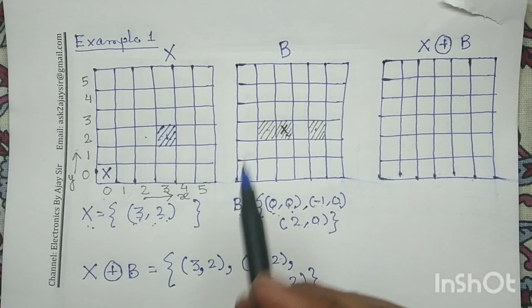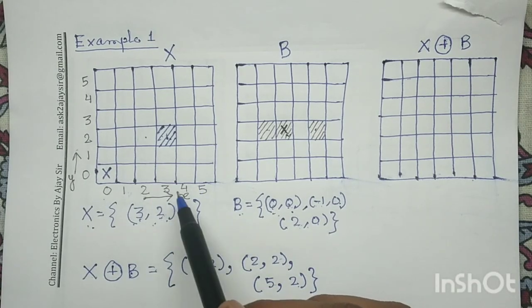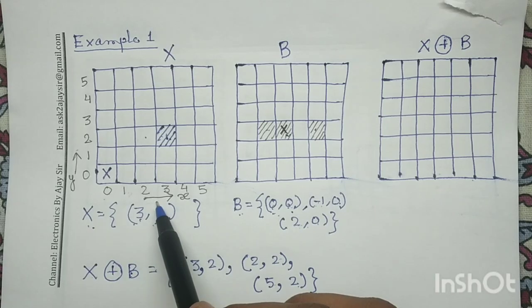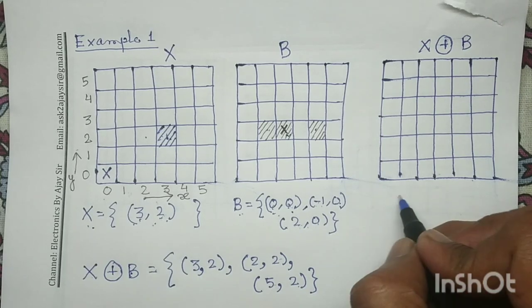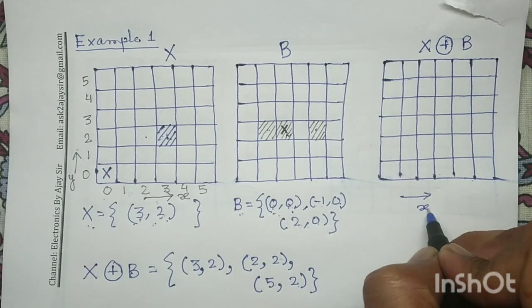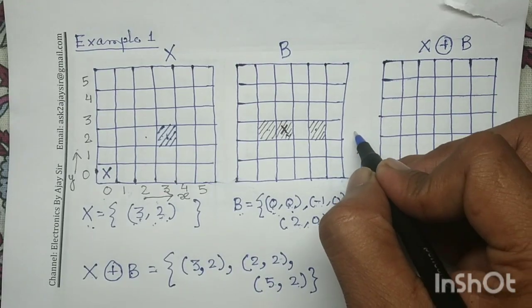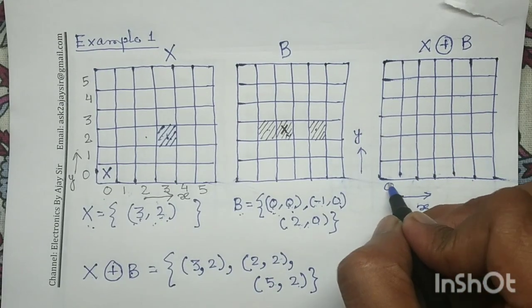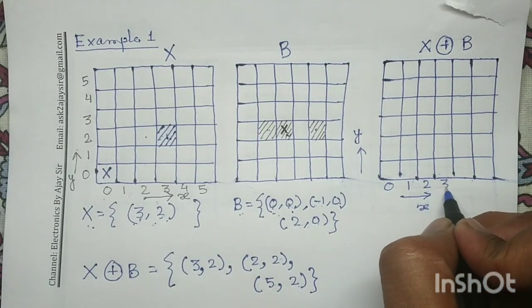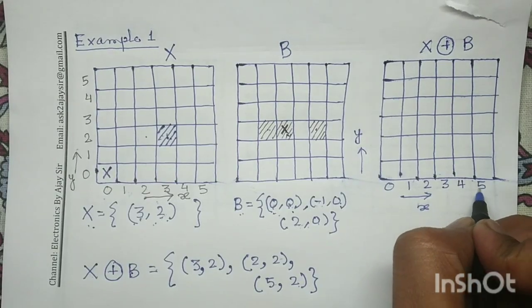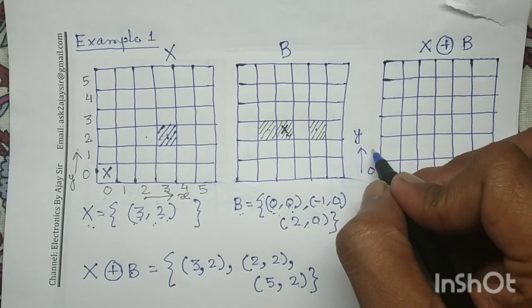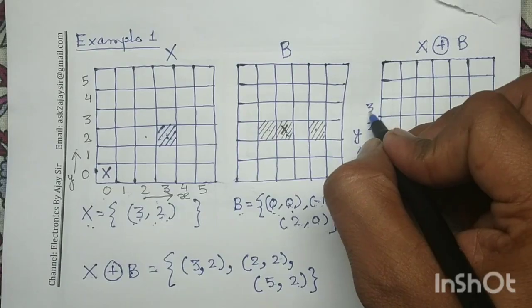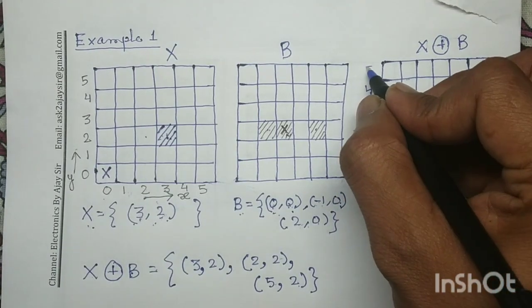We will follow the same indexing as we have used in the image set x. So assuming this is my x and this is my y, the indexing along x is 0, 1, 2, 3, 4, 5. Similarly along y, 0, 1, 2, 3, 4, 5.